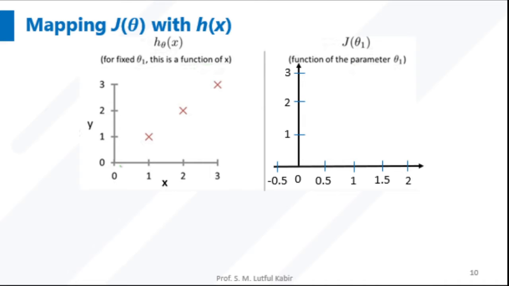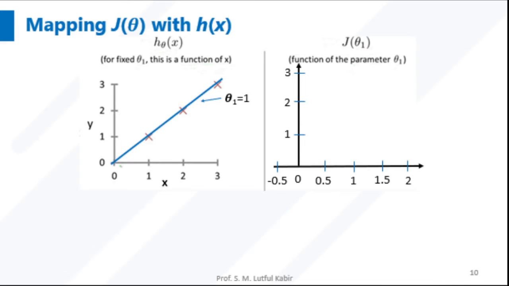Let us pick a value of theta 1 and set theta 1 equal to 1. If that is my choice for theta 1, then my hypothesis is going to look like this. I want to point out that when I am plotting my hypothesis function, I have temporarily set theta 1 equal to 1. What I want to do is figure out what J of theta 1 is when theta 1 equals 1. So let's go ahead and compute the cost function for this value of theta 1.